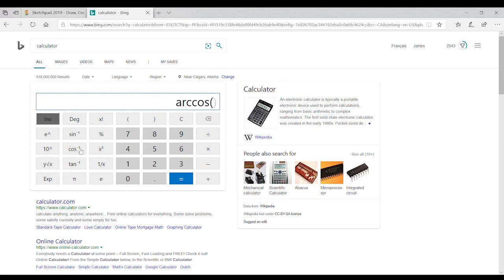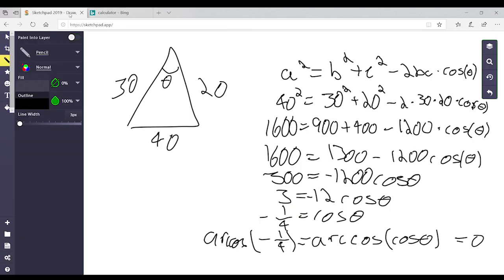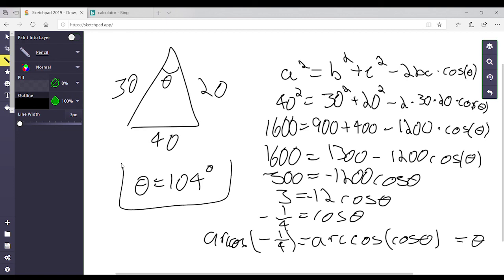So cosine to the negative 1 is the same thing as arc cos of minus 1 divided by 4 equals 104, let's just round. So we get that theta equals 104 degrees. So there is our answer. The drawing doesn't look like it, but it is 104 degrees.